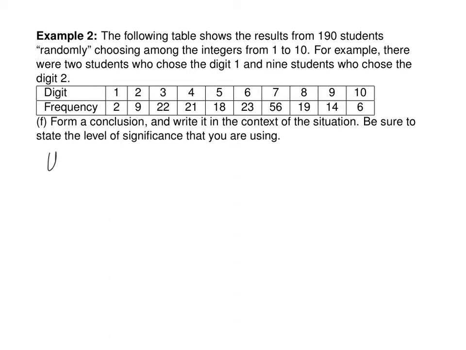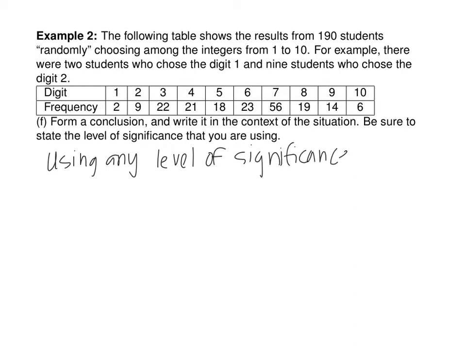So the idea here is that using any level of significance, the conclusion is the same. So if you want to choose alpha equals 0.05, totally fine.